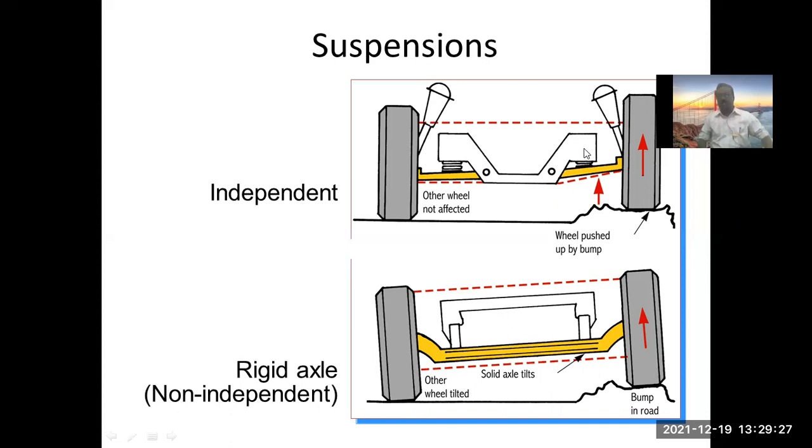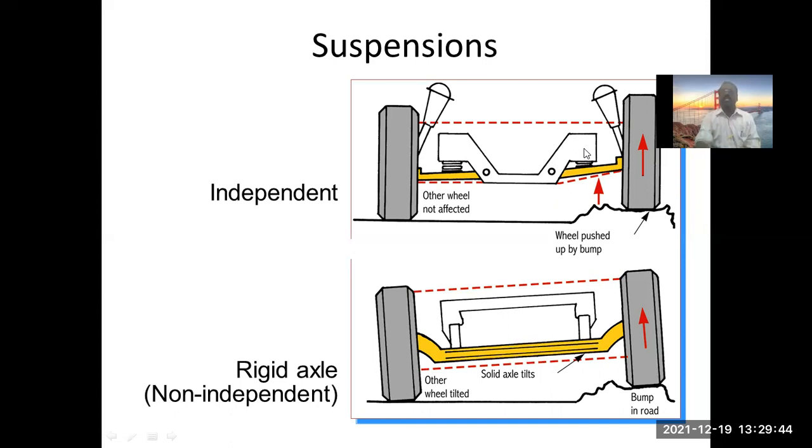In conventional suspension, we use rigid axles, where whenever one particular wheel goes in a ditch, that will result in tilting the axle, and whenever the axle is tilted, the vehicle itself gets tilted.